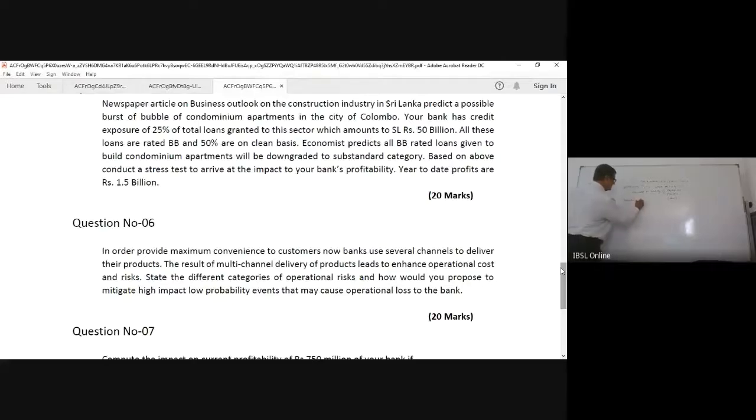execution and delivery. If you are into brick and mortar operation, your staff will have to execute many transactions and deliver to customers. So the major risk comes from the execution and delivery category.